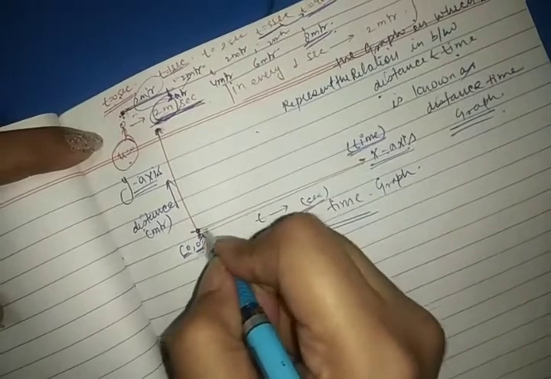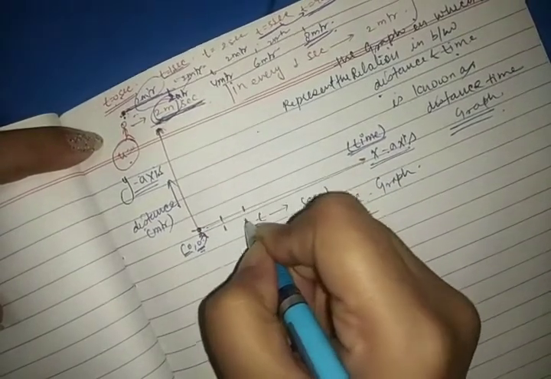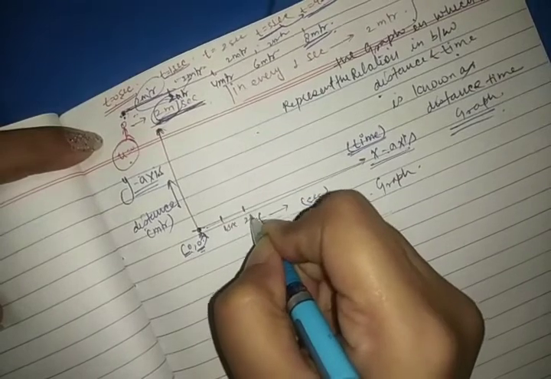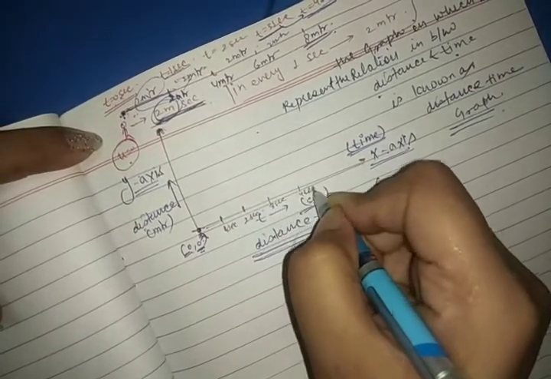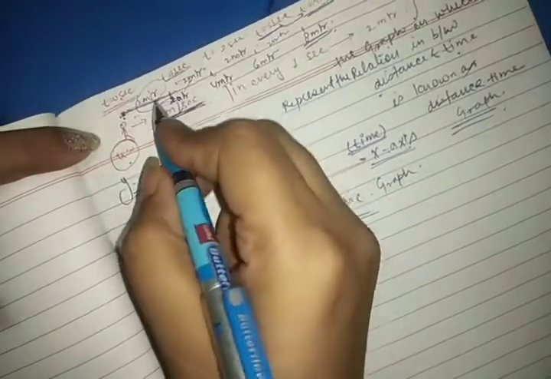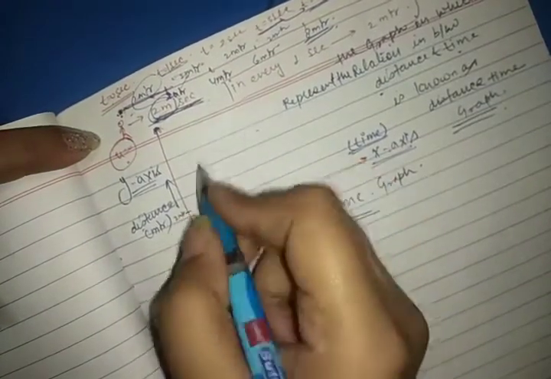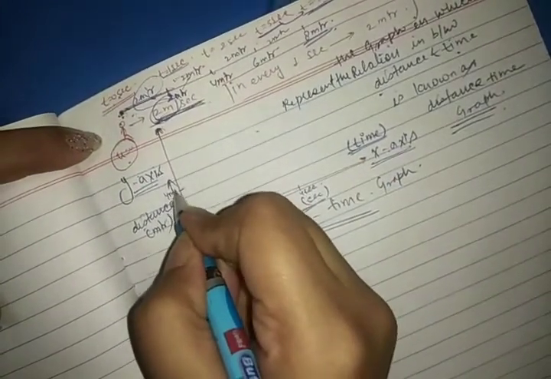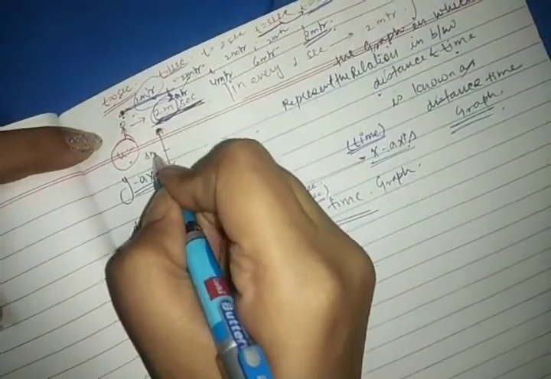Now as the time goes on, this is the time axis, so here will be 1 second, here will be 2 second, 3 second, 4 second, and so on. For 0 to 1 second you travel 2 meter, so this will be 2 meter, this will be 4 meter, 6 meter, 8 meter, okay.